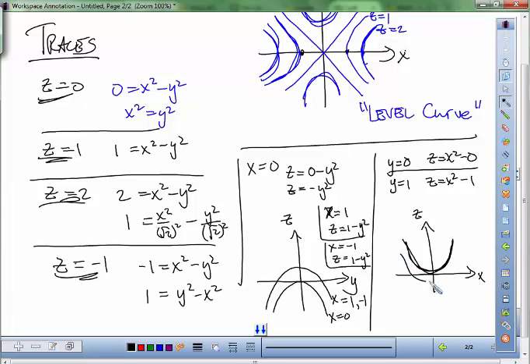Shifted down, same parabola, shifted down. All right, so if we make our cuts along the x or the y, or if we let x or y be constants, we're going to get parabolas. And if we make our cuts along the z, we're going to get hyperbolas.